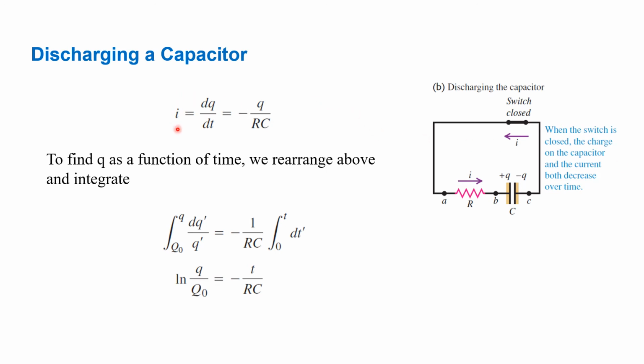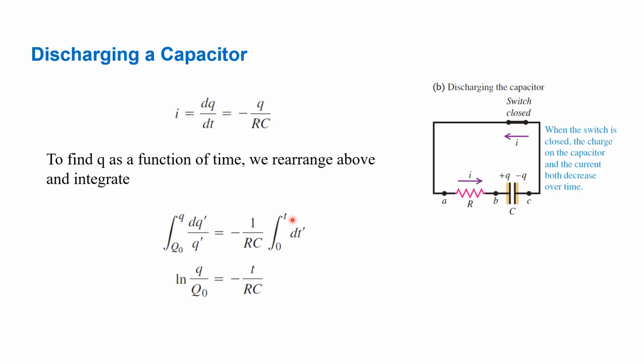So we go back here with this equation, and to find Q as a function of time, we arrange above. You have dQ over dt equal to negative Q over RC. Rearranging, you have dQ over Q and then dt over RC. Then integrating, you also change your variables from Q to Q prime and t to t prime, so that we can use your Q and t as your upper limits.